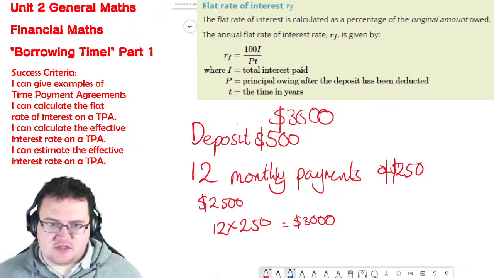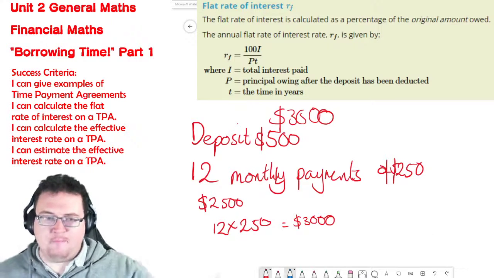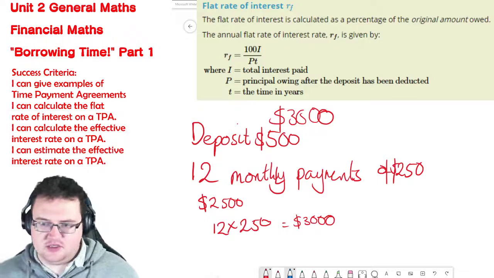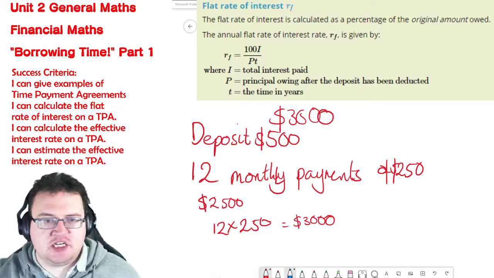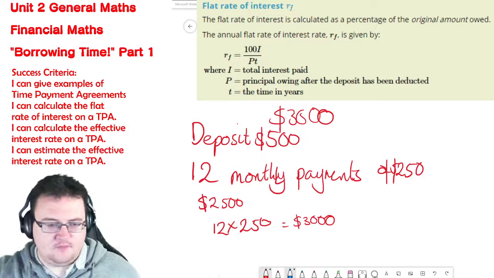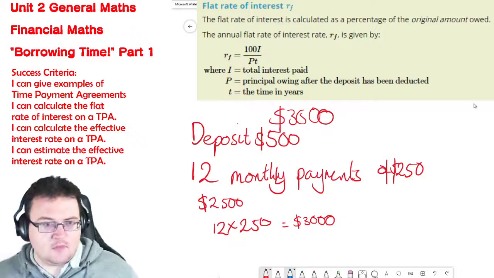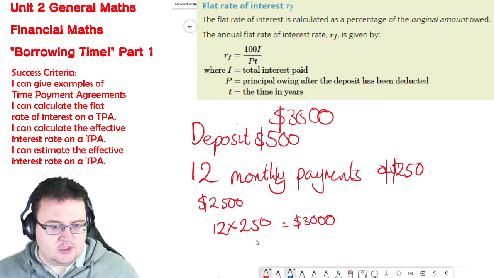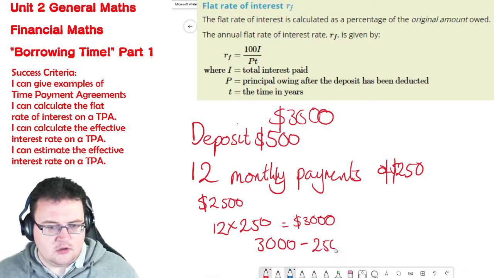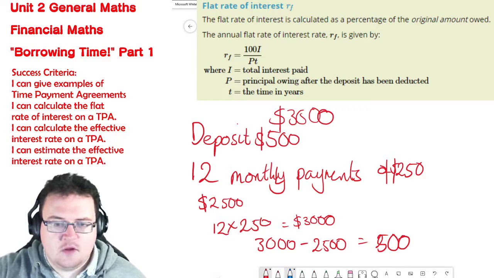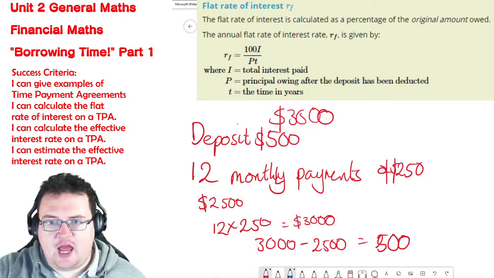I borrowed $2,500. I am paying them back $3,000. So my interest is $500. So I have the interest: 3,000 minus 2,500 is 500. So now we move to actually applying our formula.